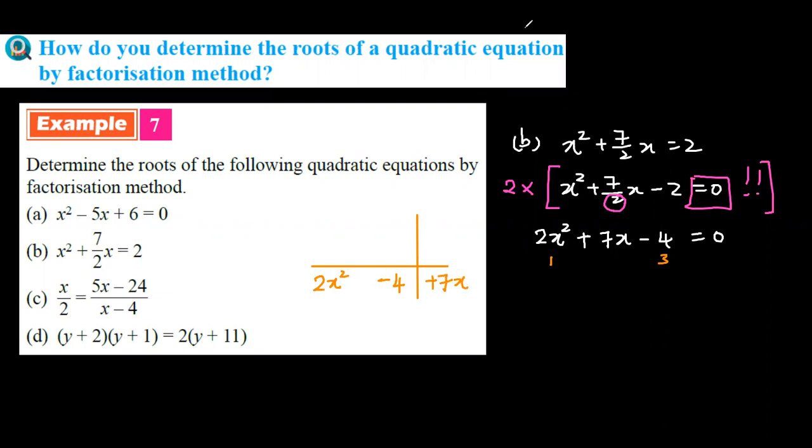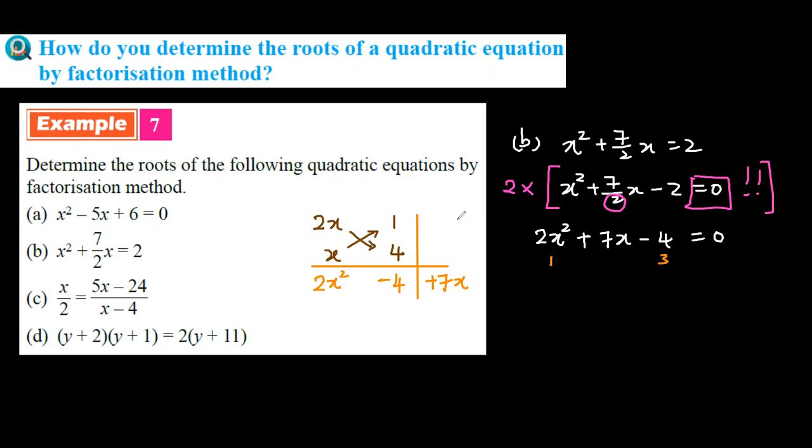Okay, let's continue. So how to get 2x squared? It must be 2x times x. Then how to get -4? It could be 1 times 4. We ignore the sign first, yeah? We put aside the sign. Okay, after that do cross multiplying.